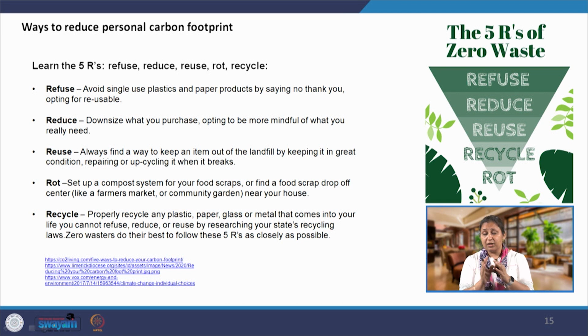You can go around your homes, especially talk to the older generation, the grandparents generation, and you would see that they wouldn't throw anything. So, a lot of times people complain that Indian homes are quite cluttered. That is because of the inherent philosophy of reusing, and that is why we have remained a sustainable society for a long period of time.